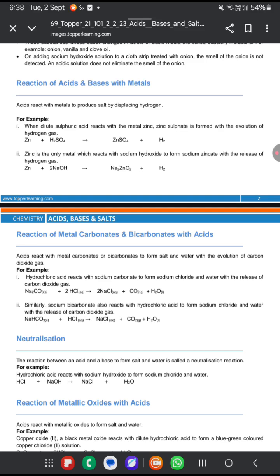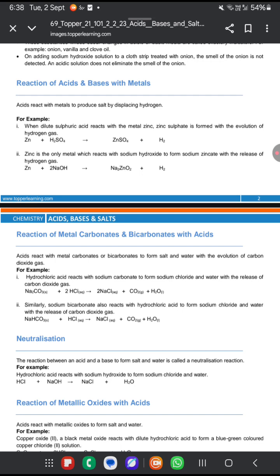For example, hydrochloric acid reacts with sodium carbonate to give sodium chloride and water with the release of carbon dioxide gas. Na2CO3 plus 2HCl aqueous gives 2NaCl aqueous plus CO2 gas plus H2O liquid.